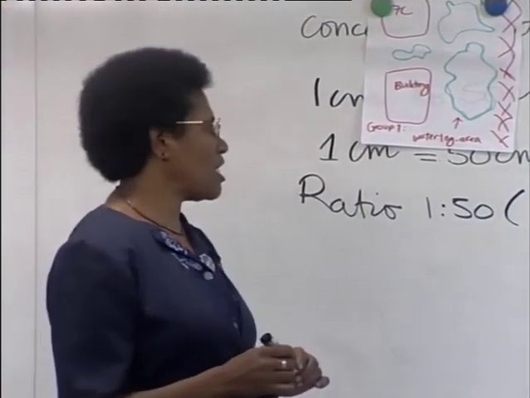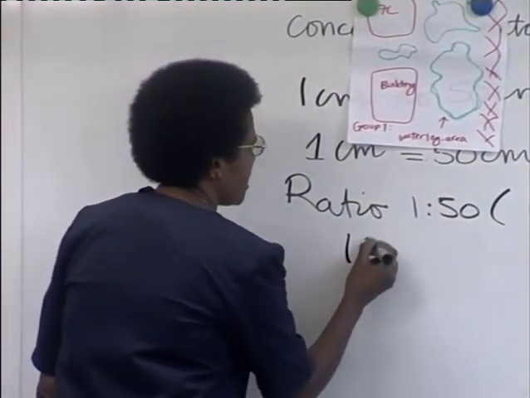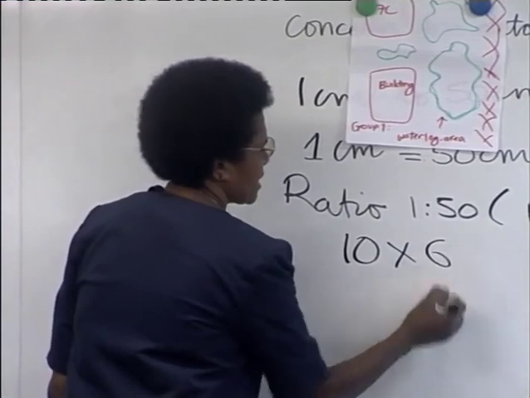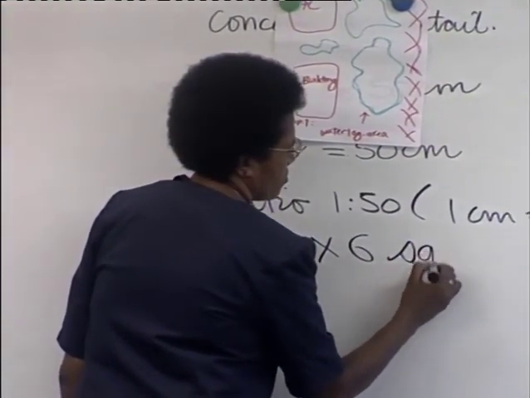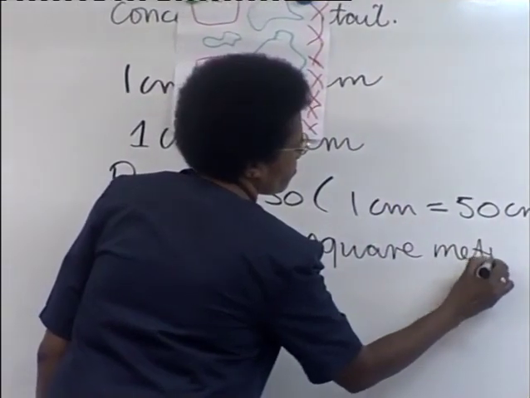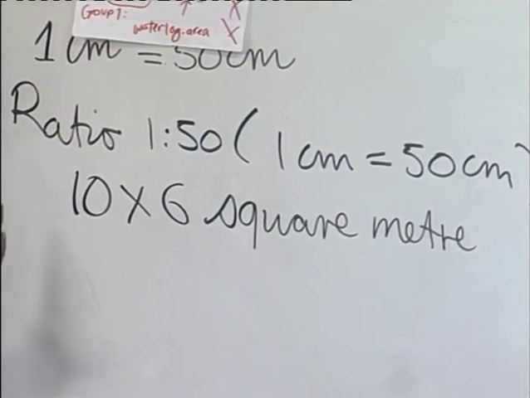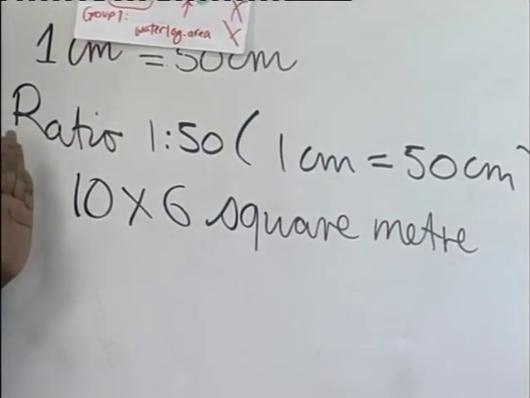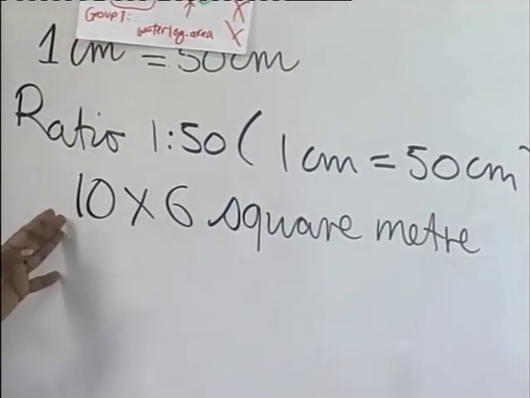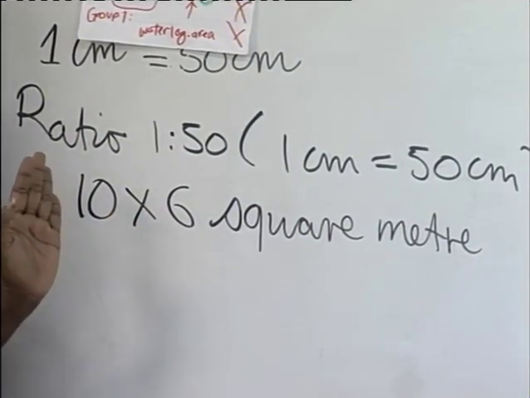So for example, if the area is 10 by 6 square meters, the length is 10 and the width is 6.